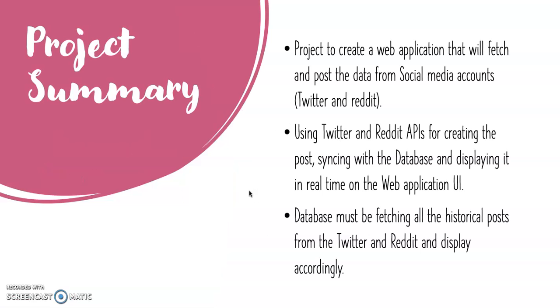Coming to the next, first of all, we have to understand what the goal of this project is. We need to fetch the data from our Twitter and Reddit accounts, then store it in our database. Further, whenever any new post is generated, it is also synced with our database.